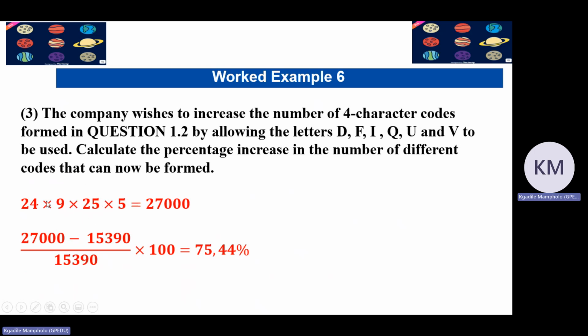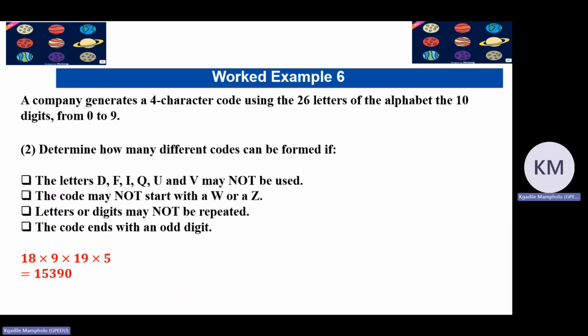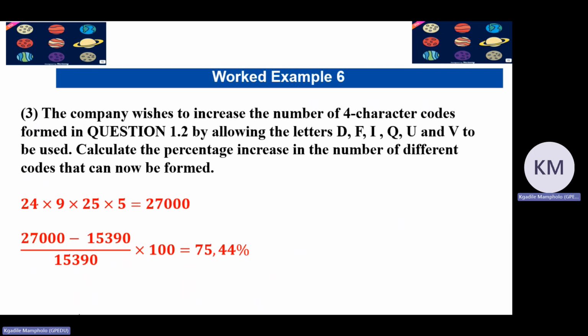But now, if 1 is used at the beginning, it cannot be here because letters are repeated. Hence, we have 25 here, not 26, even if you use all of them, because 1 will be at the beginning and repetition is not allowed. Now, when you calculate the percentage, it will be this one minus the answer in the previous one divided by the total.